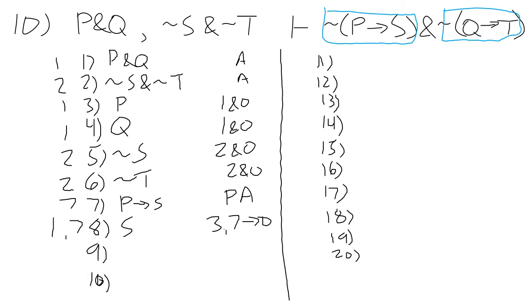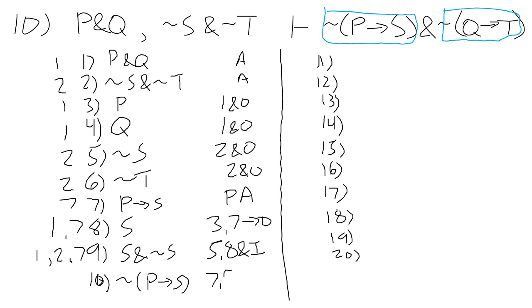Then I can put S and tilde S together, doing 5 and 8, ampersand in. And then we can tilde in on our PA from 7. So this could be 7, 9, tilde in. The 7 drops out.